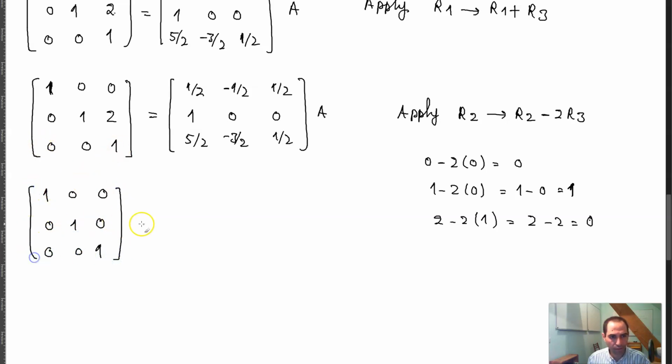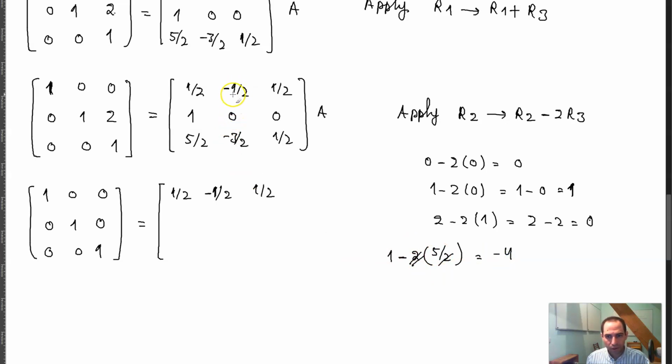And that is equal to, again, you have to do the same thing here. The first row remains the same. 1 half, negative 1 half, and 1 half. R2 becomes basically, for example, 1 minus 2 times 5 halves, which is the same thing as 1 minus 5 is negative 4.